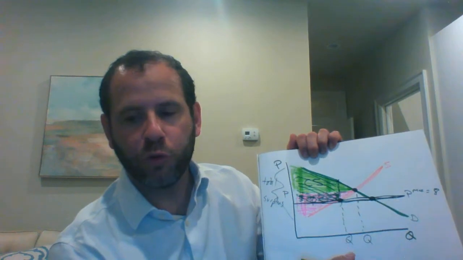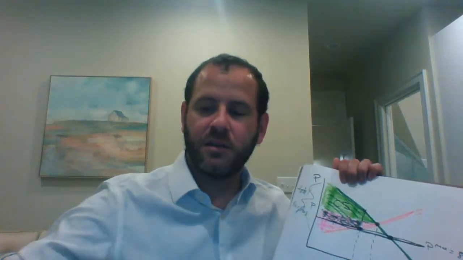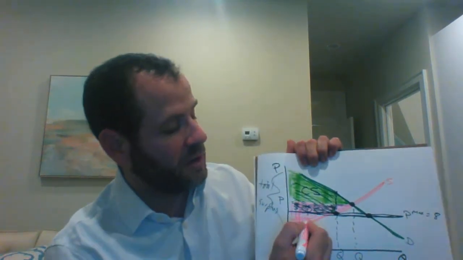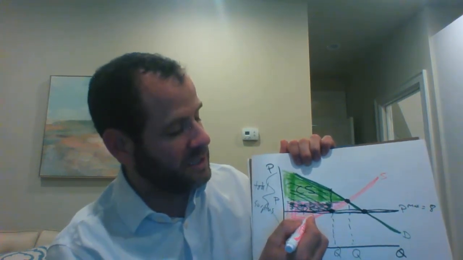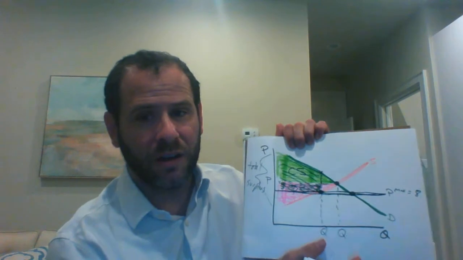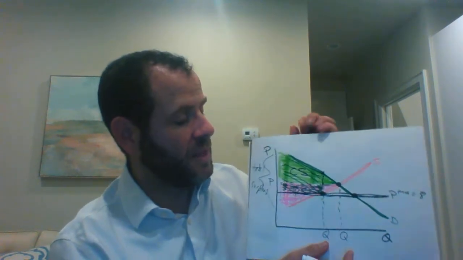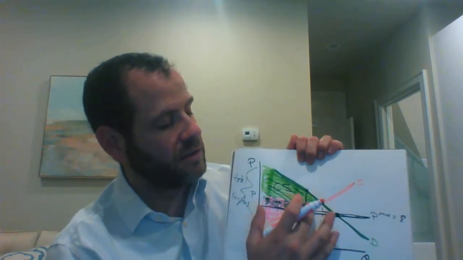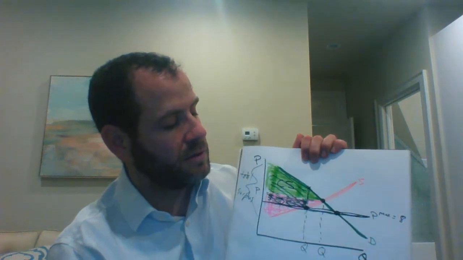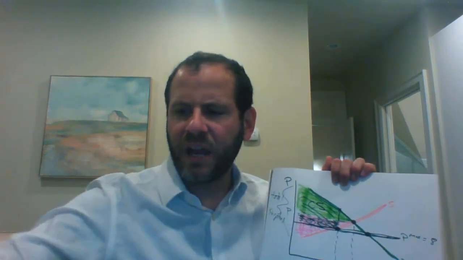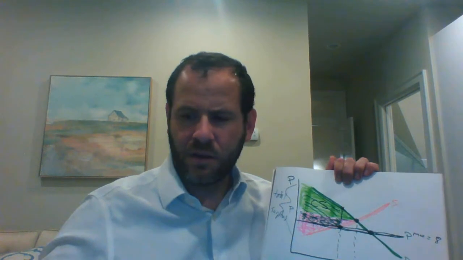What does our new producer surplus look like? Well, above the supply curve, up to the price in the market, it's just this little sliver right there. Now, what about this area? Turns out that's a really important area within economics.